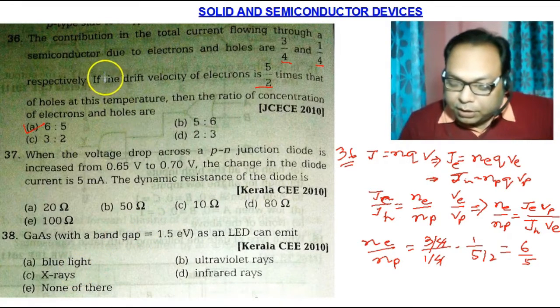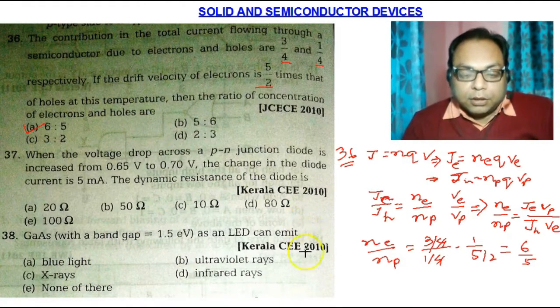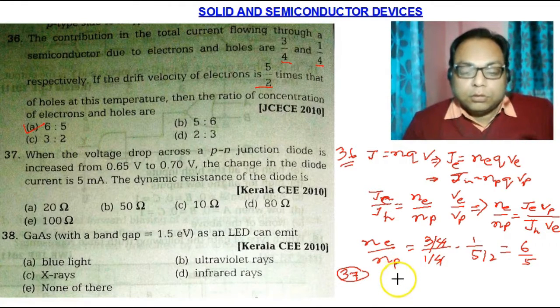Dynamic resistance R_D is del V divided by del I.